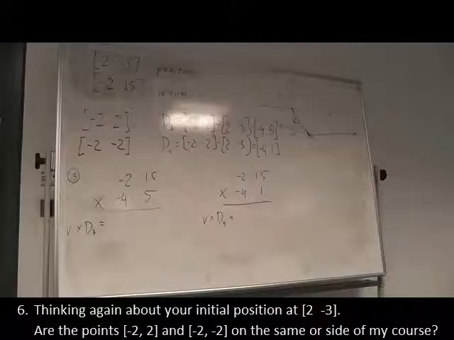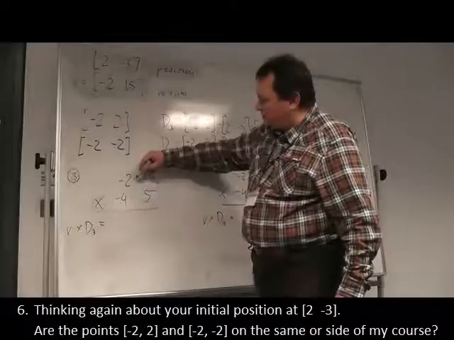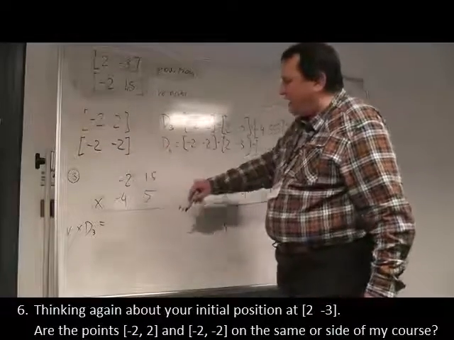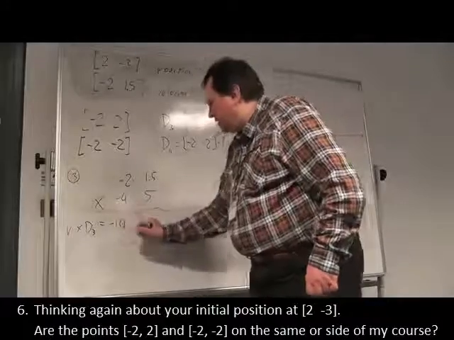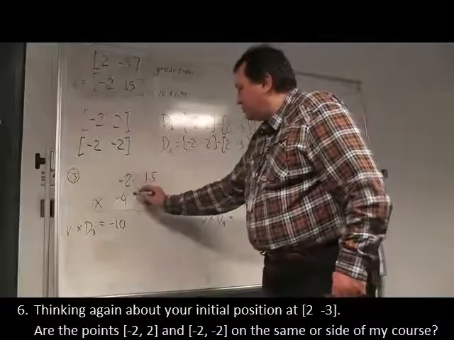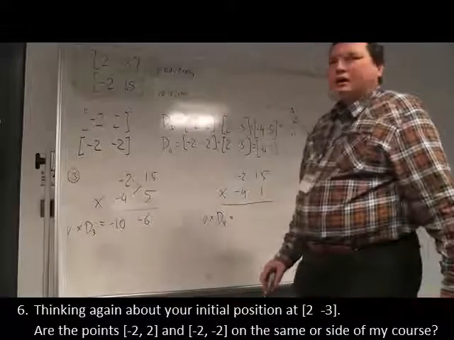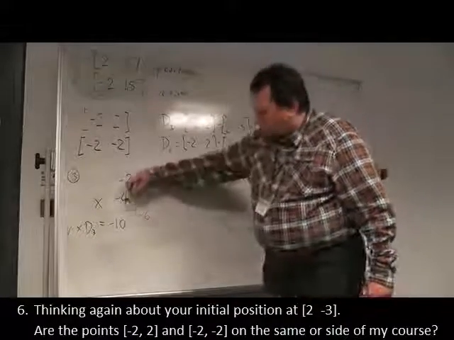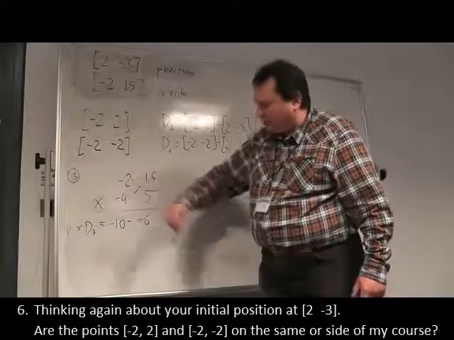Cross is multiplying things along a cross. So -2 times 5 is -10, and -4 times 1.5 is -6. The formula for the cross product has a minus here, not plus.